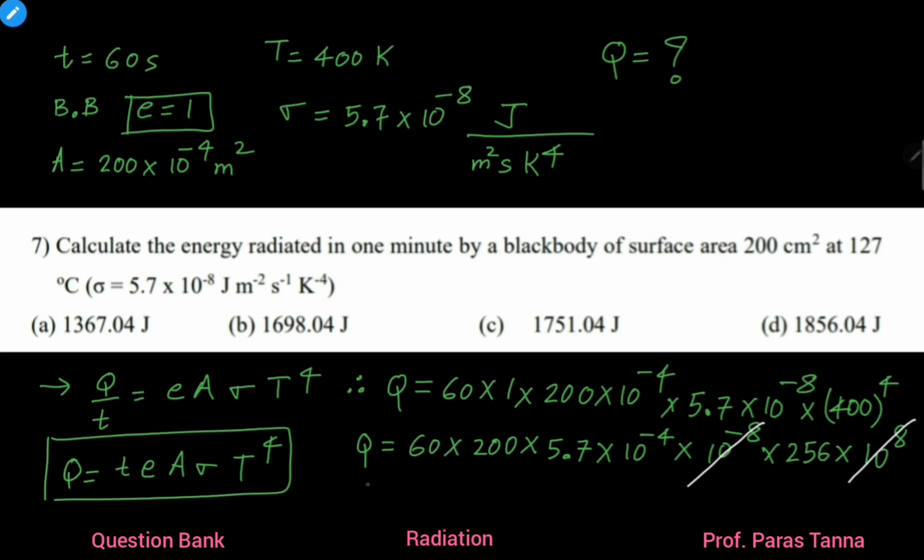So we will get Q is equals to 1751.04 joule. So this is the required energy radiated by the given black body. Q is equals to 1751.04 joule, and that's why the correct answer is option C, 1751.04 joule.